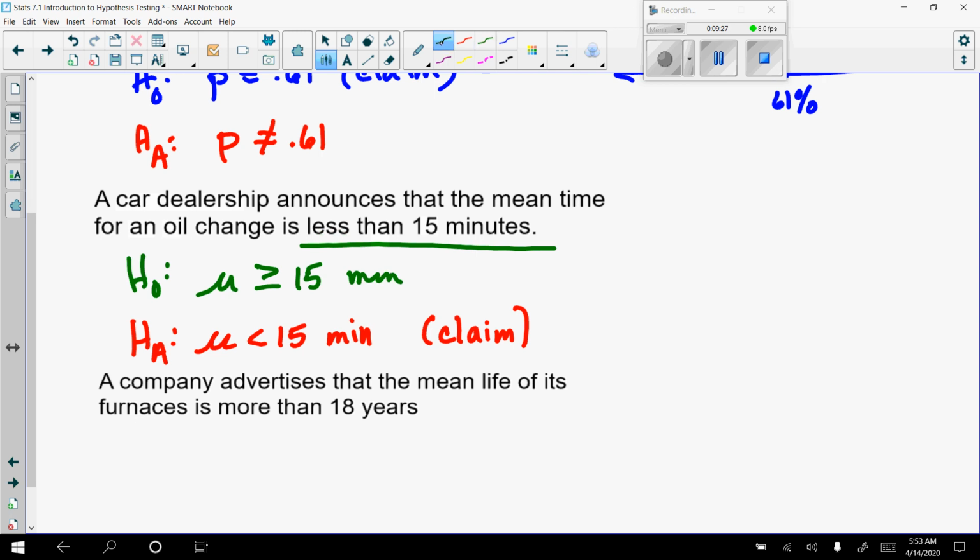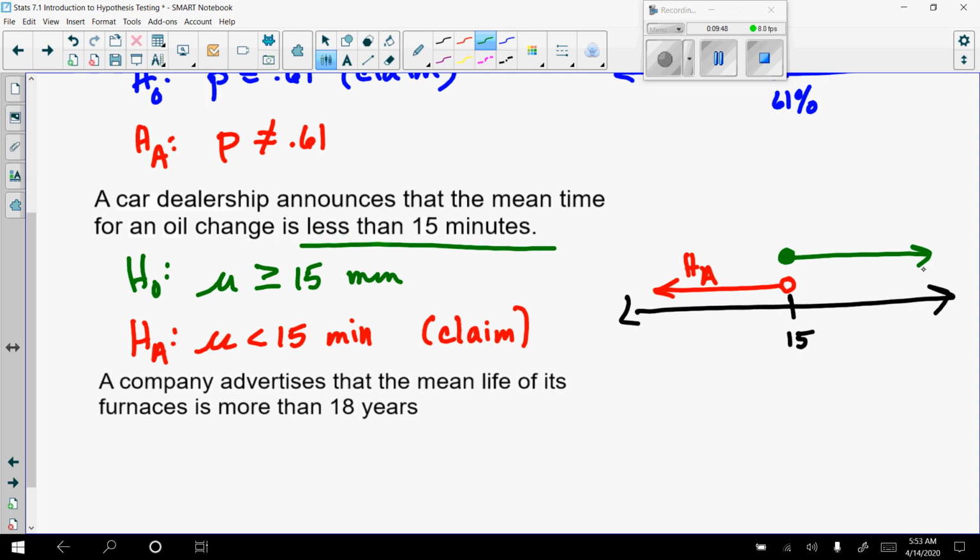On a number line, at 15, the claim is everything less than 15 minutes. That's our alternate hypothesis. And from 15 on up would be our null hypothesis.